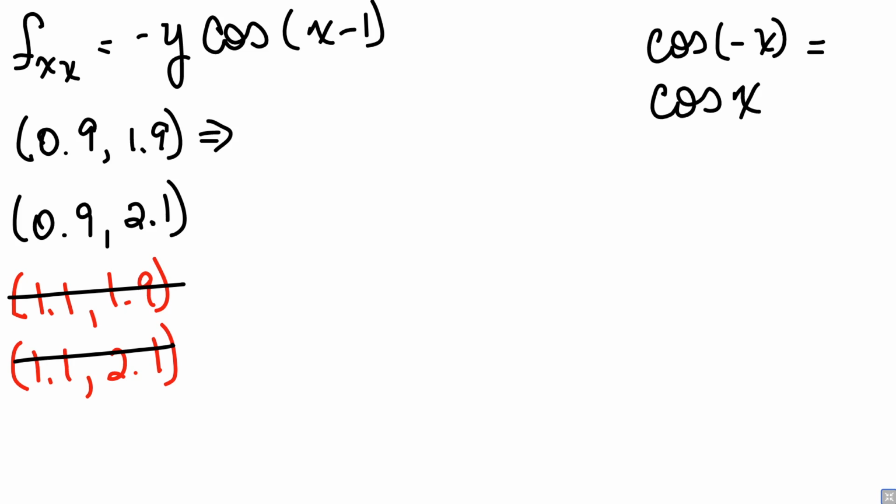So if you put 0.9, 1.9 into the second order partial with respect to x, what value do you get?